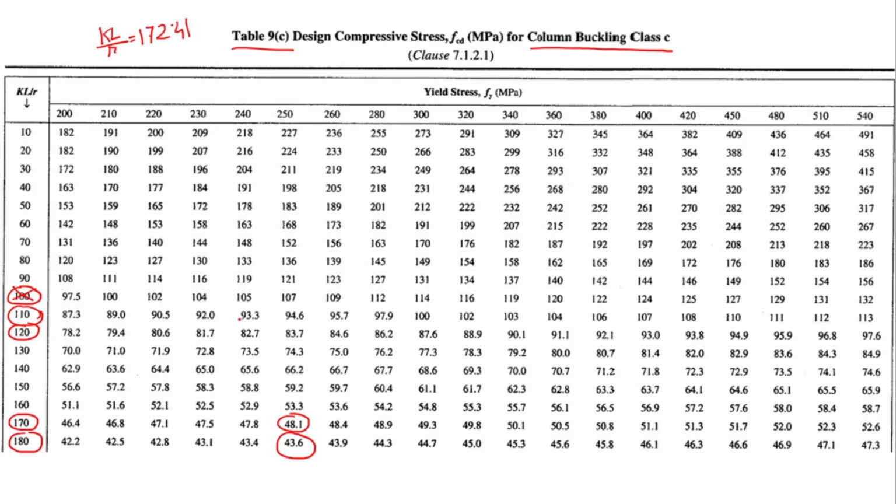The corresponding values of FCD for 250 yield stress are 94.6 and 83.7. So we have to interpolate in between these two to get our design compressive stress.